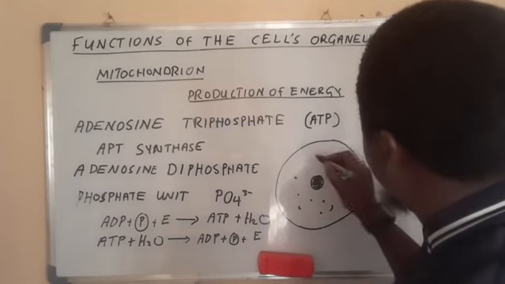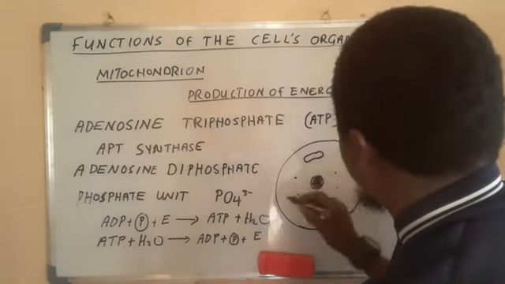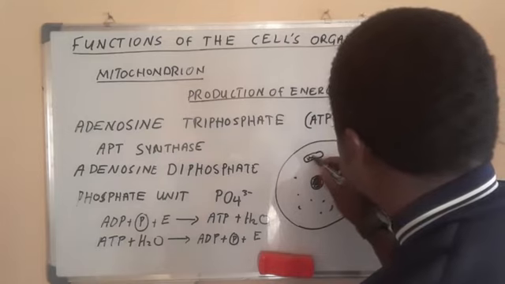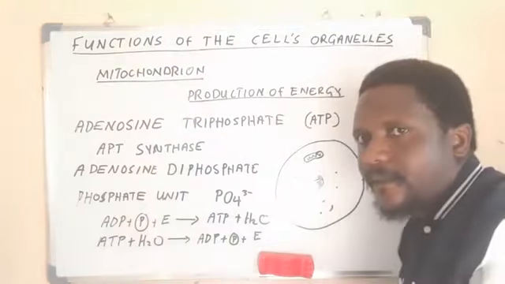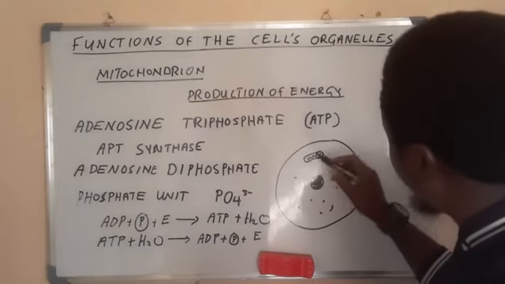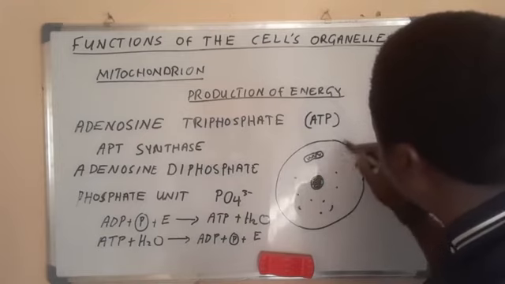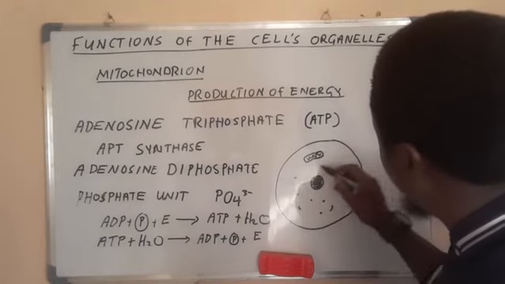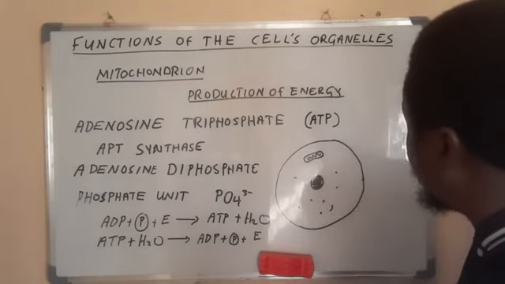So actually, supposing that this is the mitochondrion, the process of energy production takes place within the mitochondrion and also in the cytoplasm outside the mitochondrion.